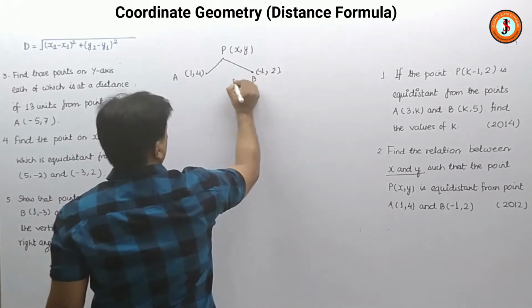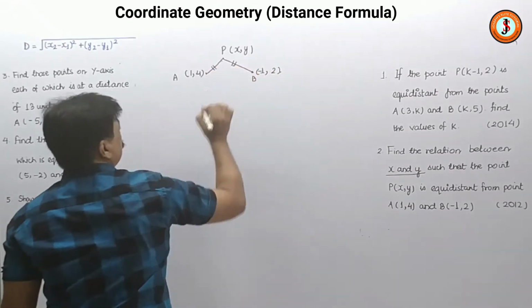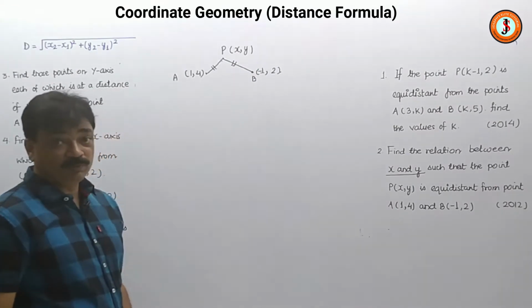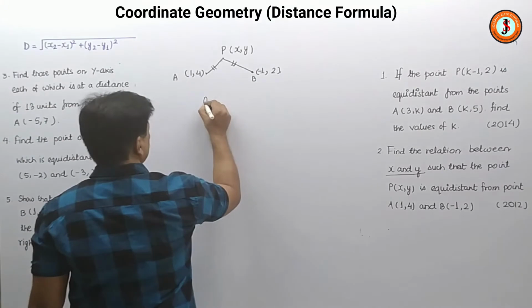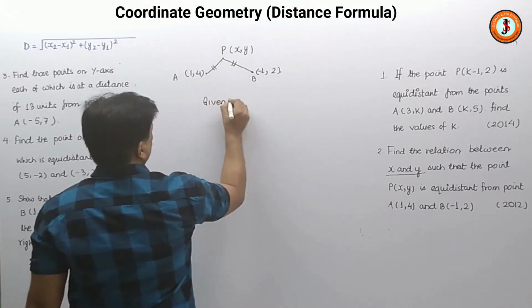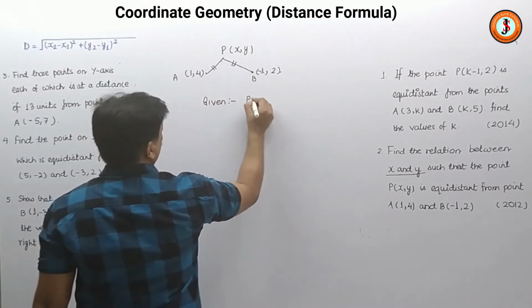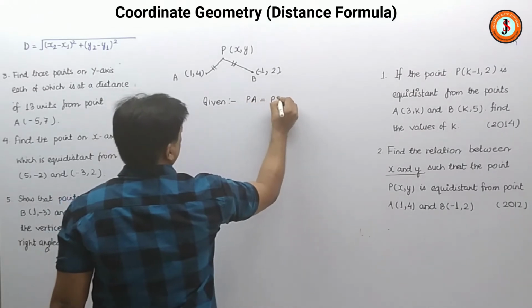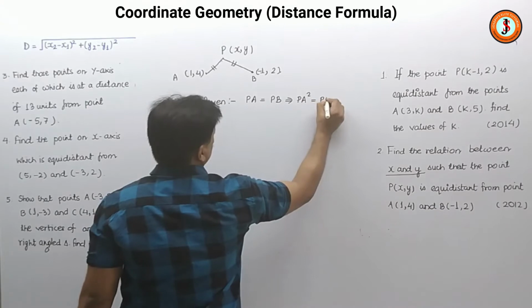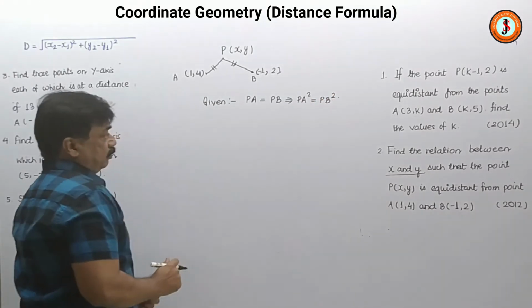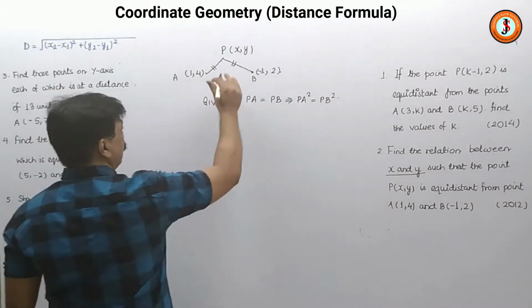So this is point B. Equidistant means PA is equal to PB, or PA square is equal to PB square. So I write down, it is given PA is equal to PB. This implies that PA square is equal to PB square.